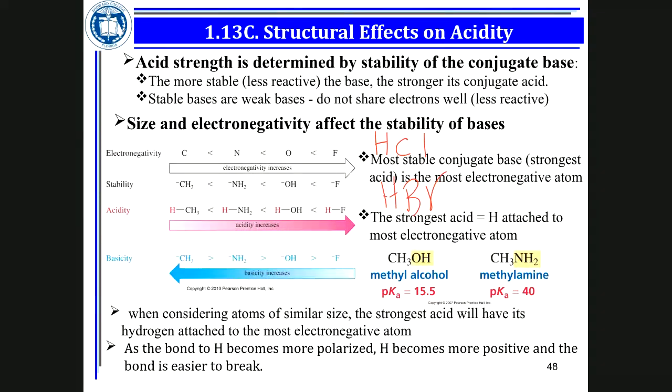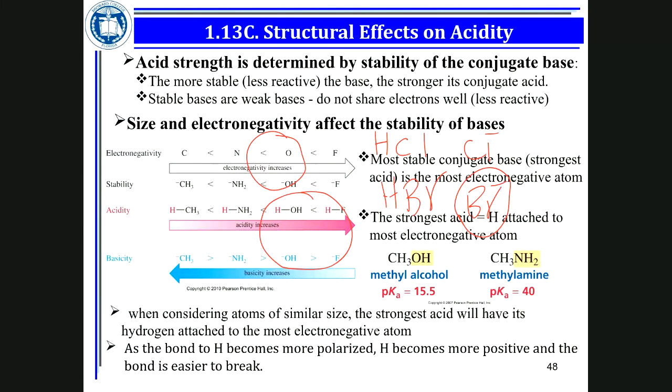Because if you compare Cl minus to Br minus, which one is going to be more stable? Br minus is going to be more stable than Cl minus. Why? Because Cl has 3 shells, Br has 4 shells. Br is greater in size. It can handle that negative charge more.